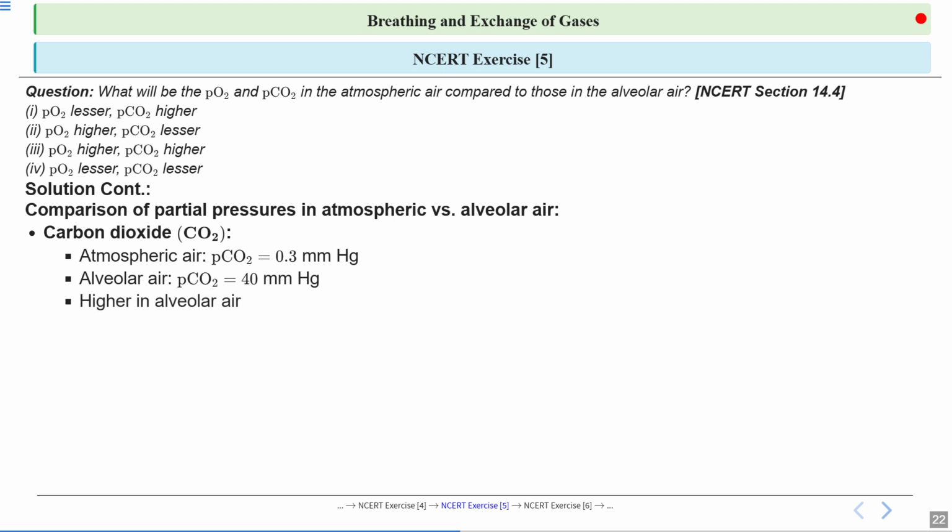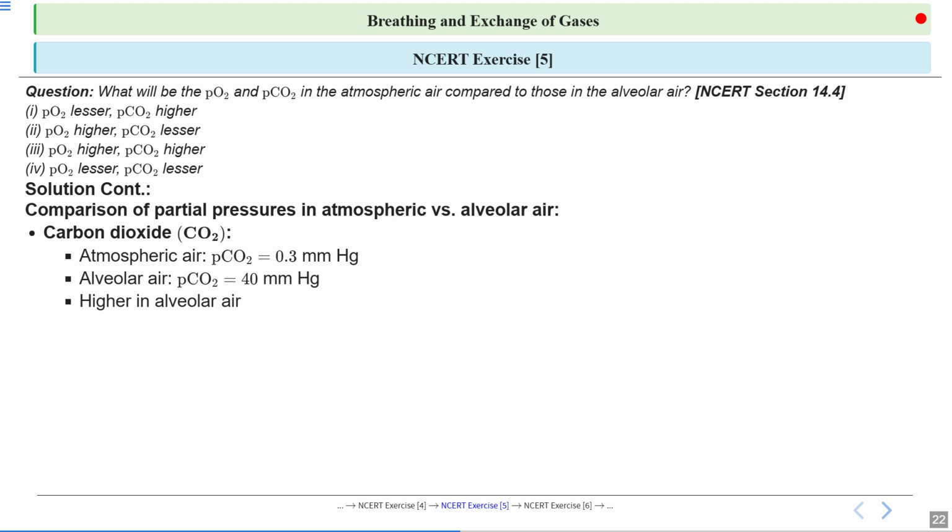The partial pressure of oxygen is higher in the atmosphere, but for carbon dioxide, it is higher in the alveolar region. So carbon dioxide will move from the region of higher partial pressure to the region of lower partial pressure. So carbon dioxide moves from the alveoli to the outer atmosphere.